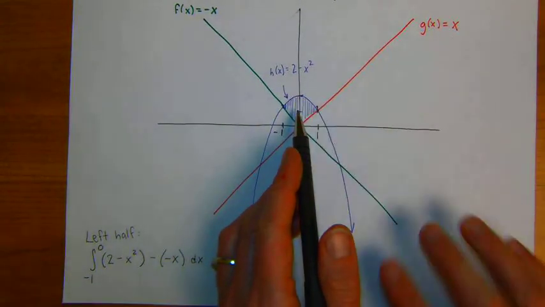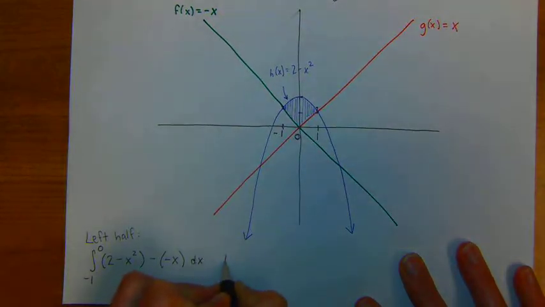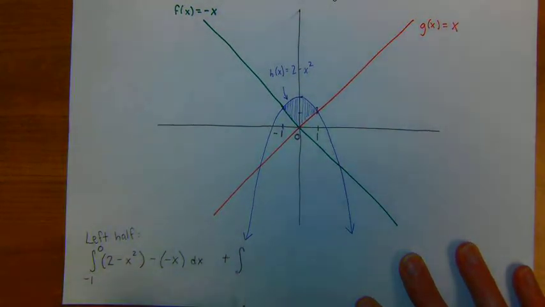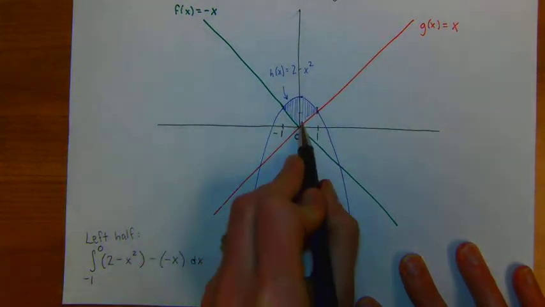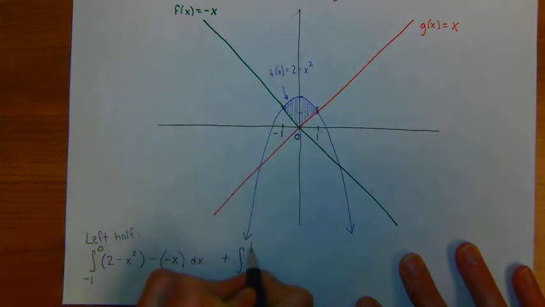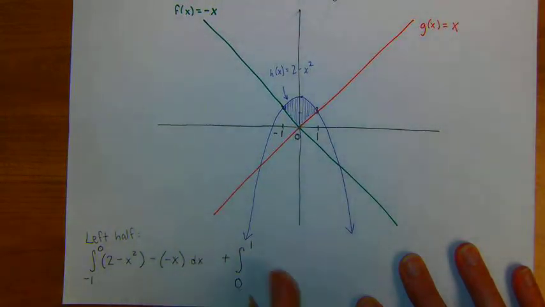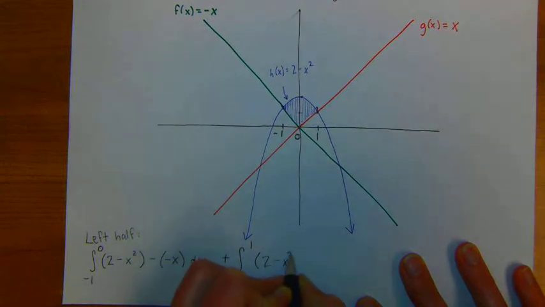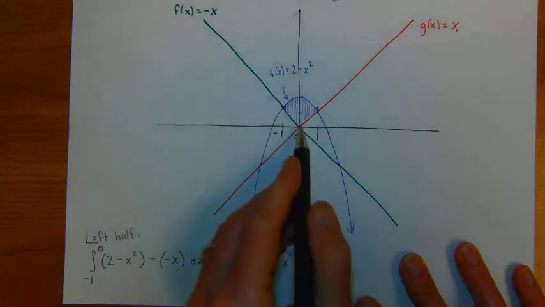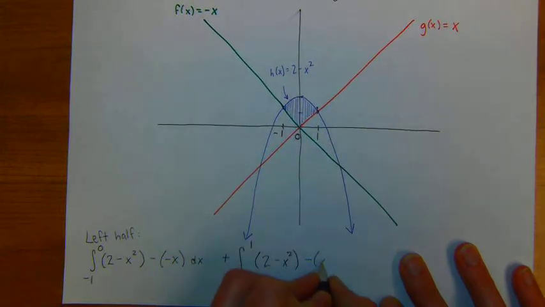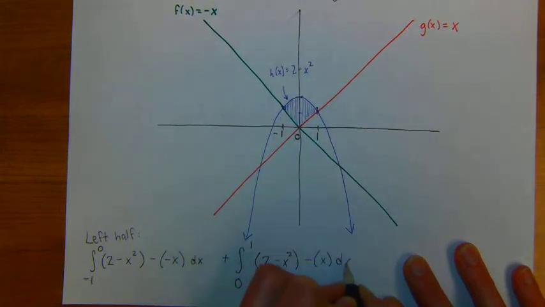That's half the area. The other half of the area is given by the integral as x goes from 0 to 1, always making sure my bounds go from left to right, of the upper curve, 2 minus x squared, minus the lower curve, x, dx.